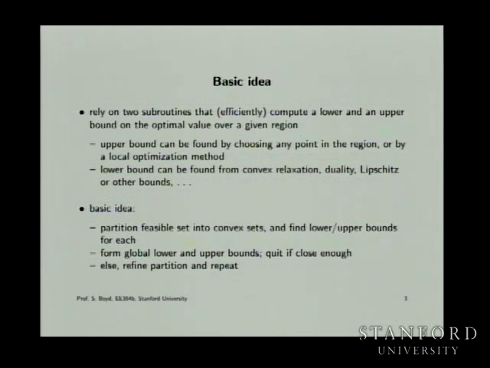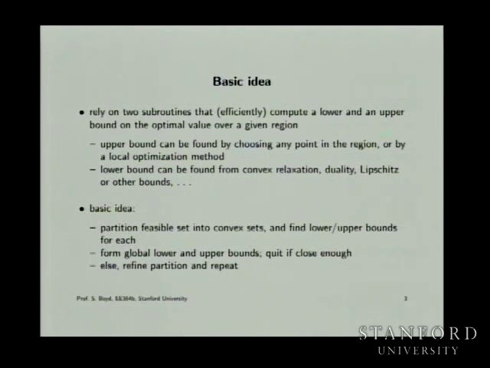It'll be simple. Okay, so the basic idea relies on two subroutines that hopefully efficiently compute a lower and upper bound on the optimal value over a region. Now, how do you find an upper bound on a minimization problem over a region? That's easy. You could choose any point in the region and evaluate the objective function, if it's feasible.